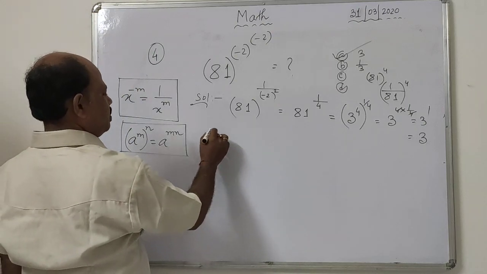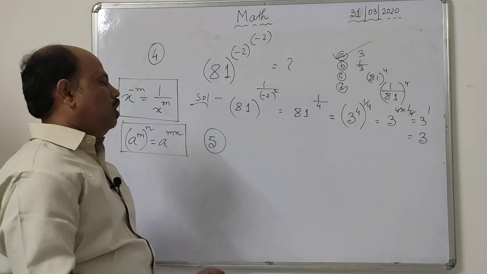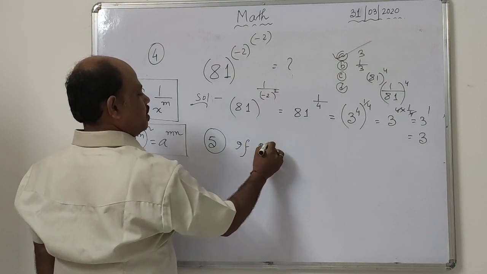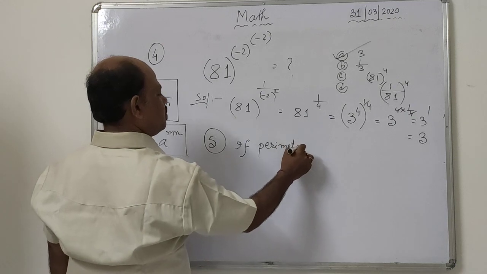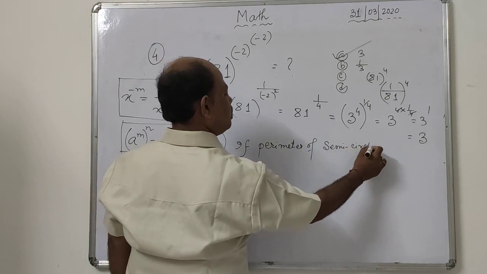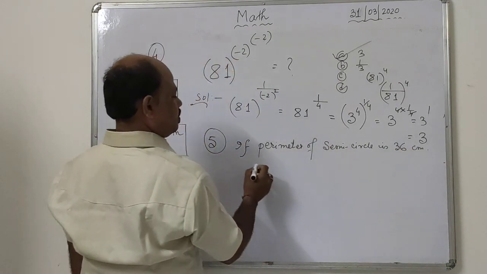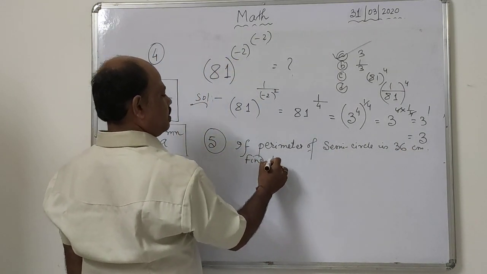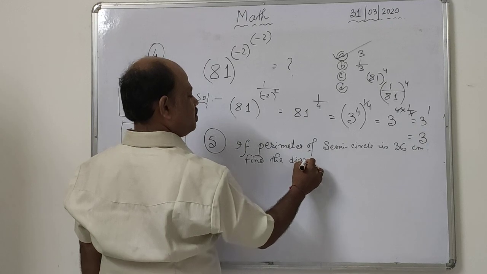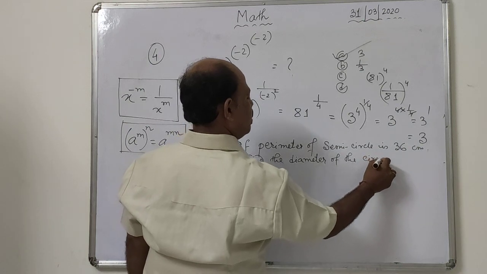Question number 5. Another question. Look, if the perimeter of a semicircle is 36 centimeters, find the diameter of the circle.